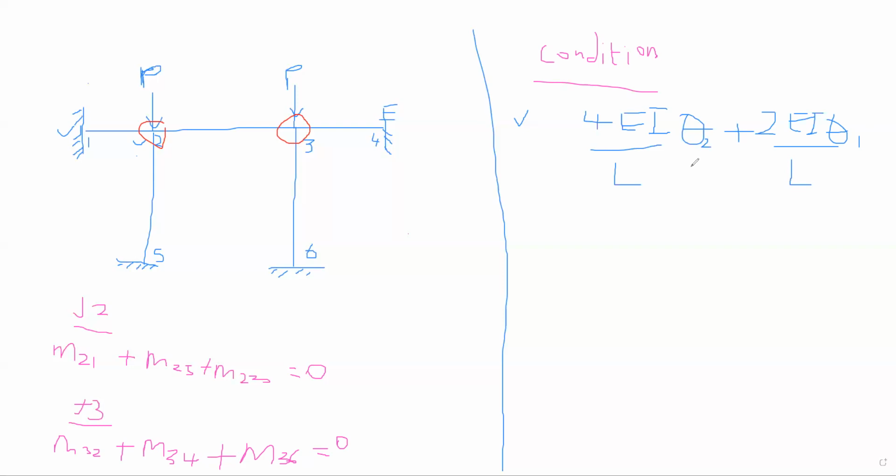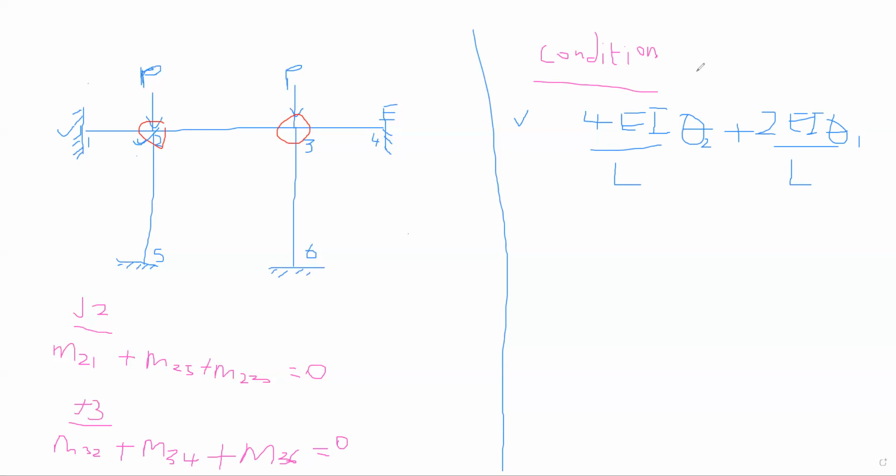So the near end, you apply a factor of 4 to it, and the far end, you apply a factor of 2, and you bring their thetas. So you could see 4, your EI over L should be constant, then your theta 2, that's the near end, plus a factor of 2 for the far end, so 2EI theta 1 over L. Have you seen it?